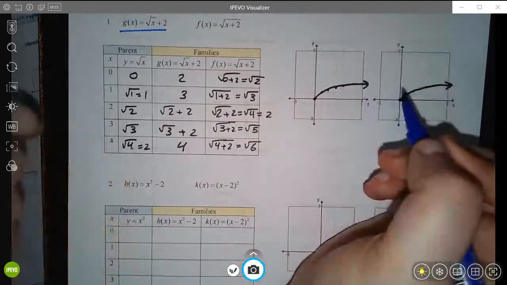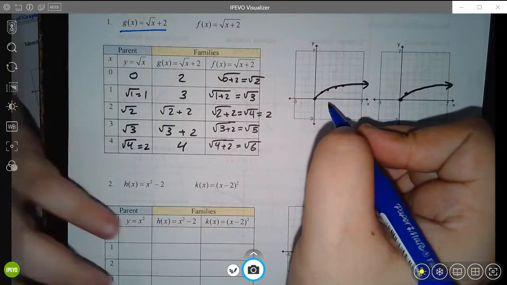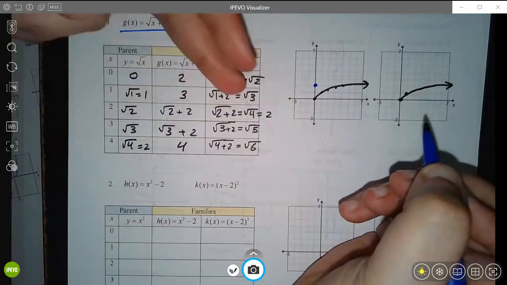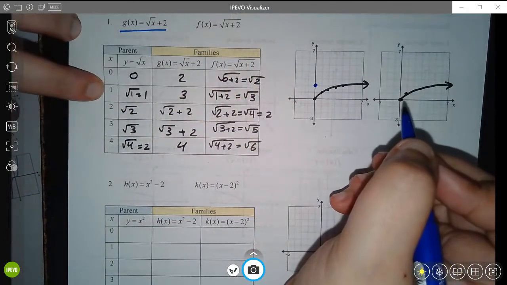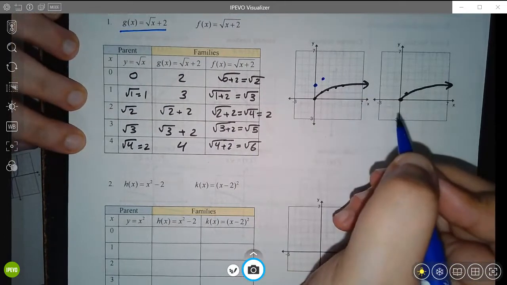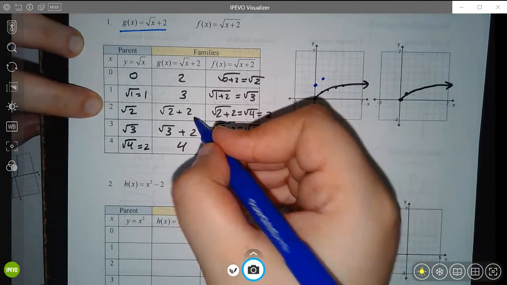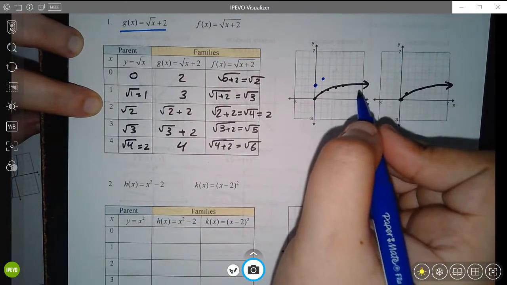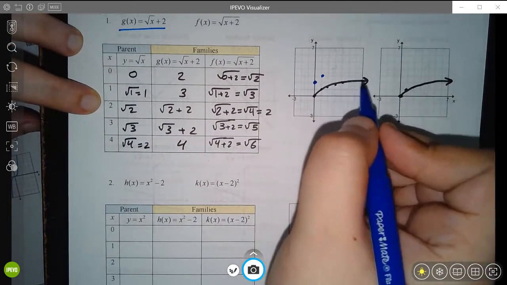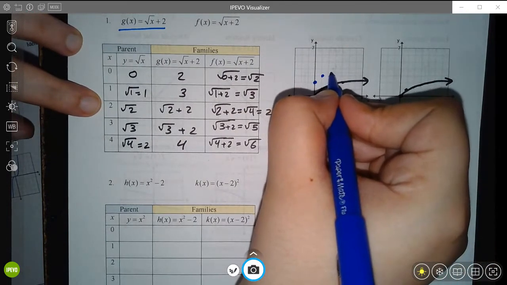Okay. So let's see. We have the point 0 and 2 first. So 0, 2. So this is where it starts. So it moved up by 2. And then we have 1 and 3. So 1 and 3. Okay. And then we have 2 and root of 2 plus 2. So we said root of 2 is like 1.34-ish. Right? So plus 2, that would be 3.4-ish. So at x equals 2, this is going to be above 3 by a little.